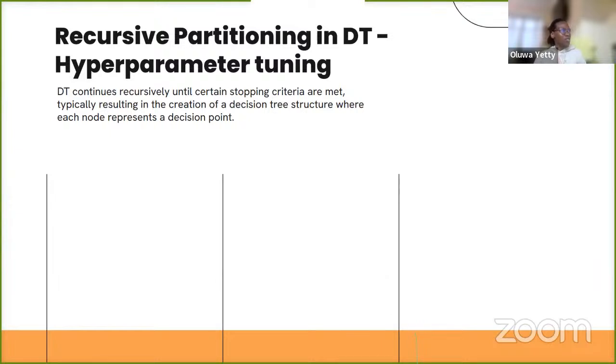All right, something that I mentioned at the early stage of when we started this course is that decision tree recursively does these iterations, and its goal is to find an optimal path using either Gini index or entropy or some other criteria. And when we are doing that recursive partitioning, there are different hyperparameters to tune.